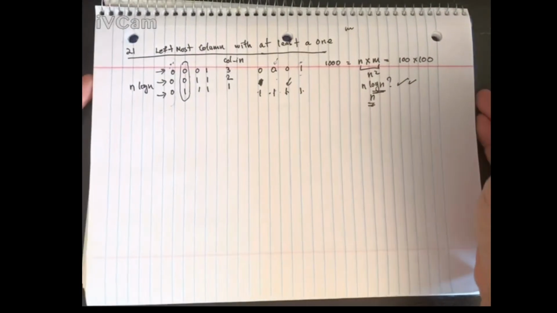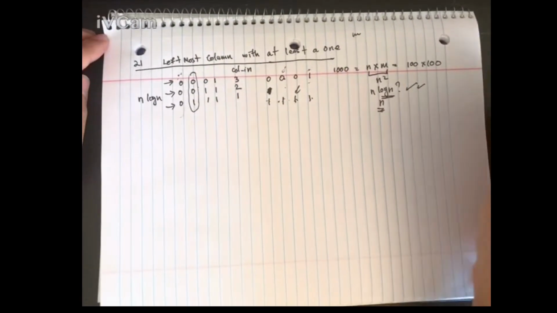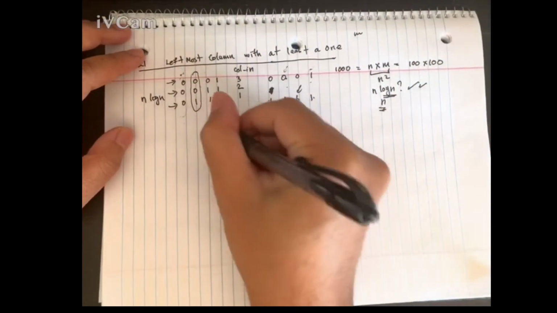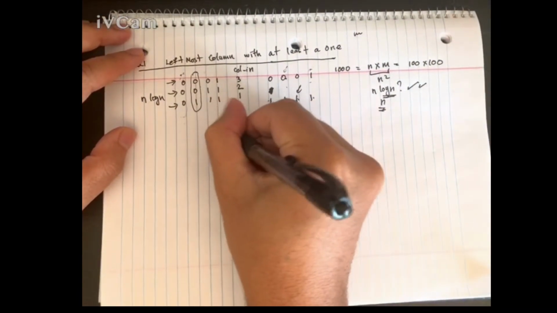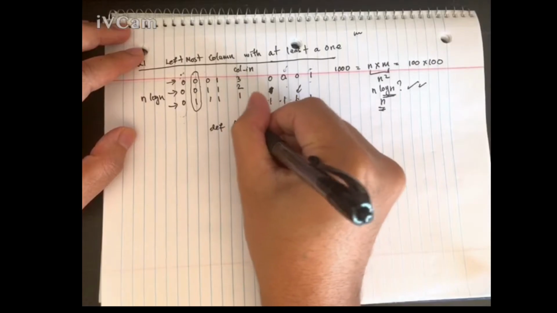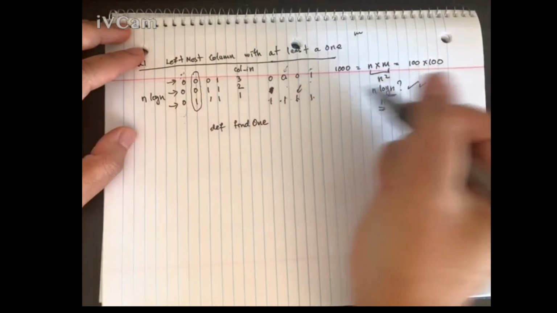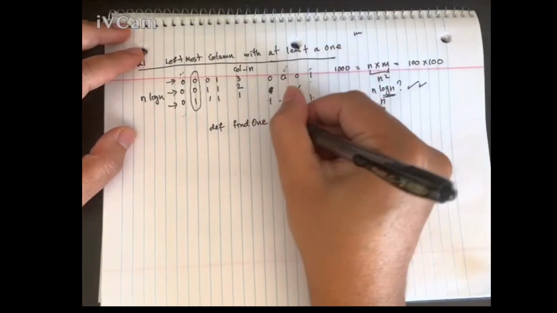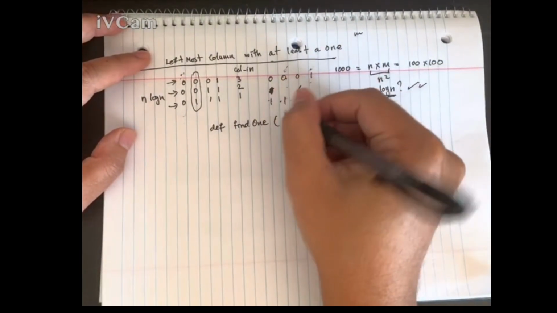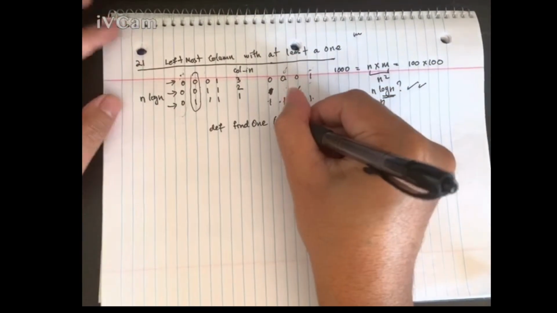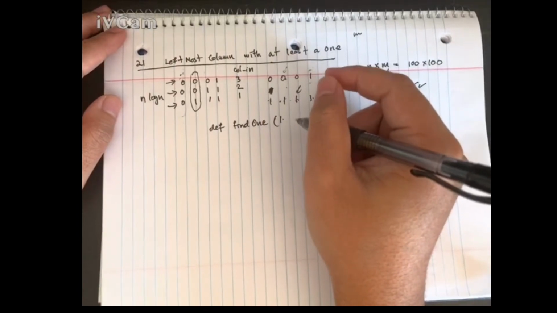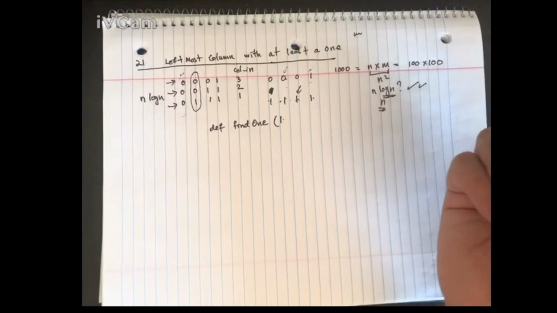So in order to do that, we can create a function called define find one. So find one here will take, so what will it take?